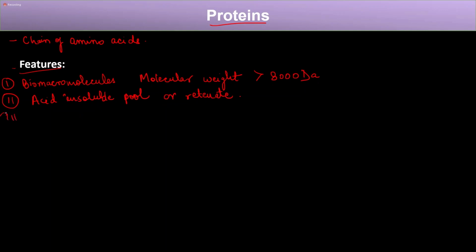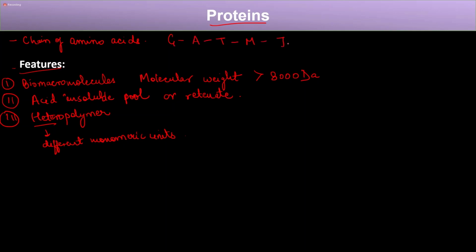Now the third thing is, proteins are heteropolymers. What do I mean by heteropolymer? Hetero means different, right? So they have different monomeric units. If I'm saying that a protein is a chain of amino acids, by this I mean that it has glycine, alanine, threonine, methionine, isoleucine.